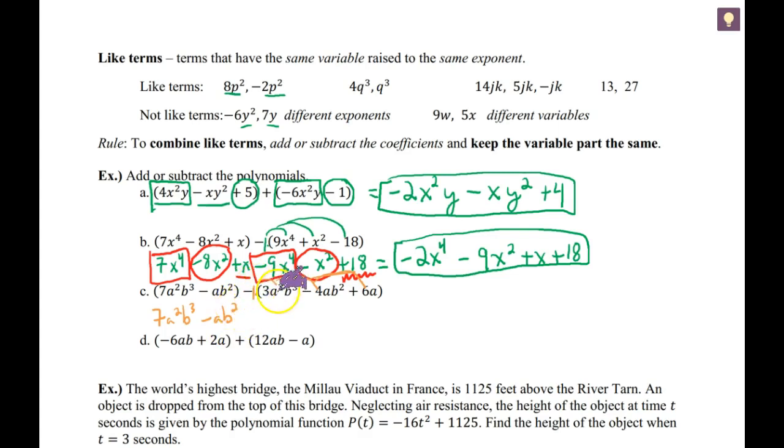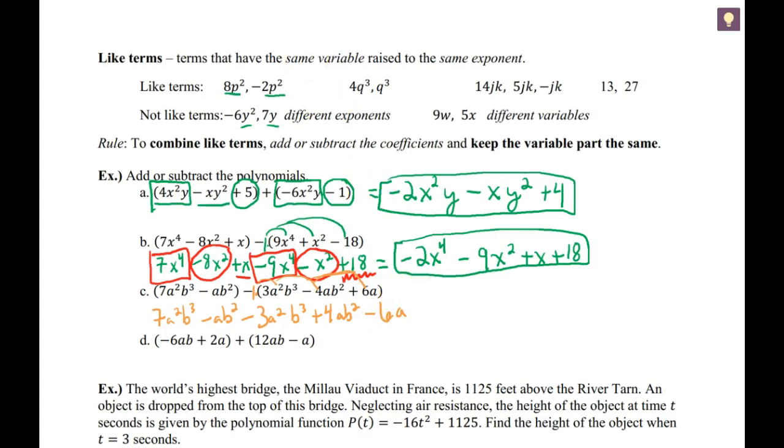And then negative 1 times 3 would be negative 3a squared b cubed. And negative 1 times a negative 4 is positive 4ab squared. And negative 1 times a positive 6 would be negative 6a.